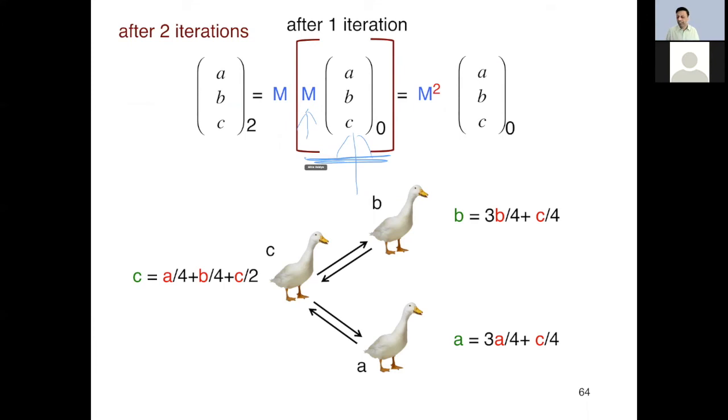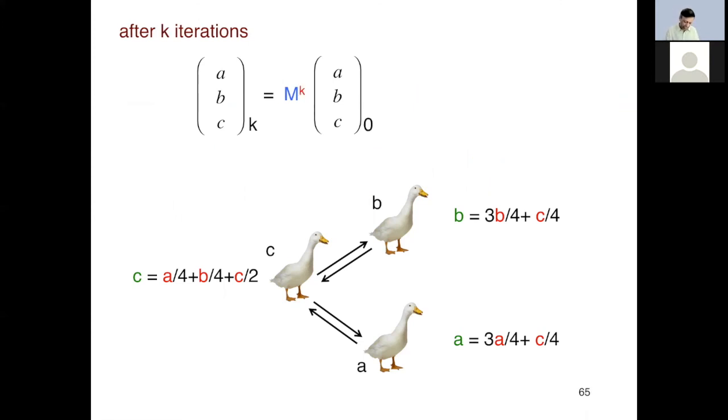To get the state after two iterations, you multiply it by yet another M, which is to say the state of the network after two iterations is just M squared multiplied by the initial state vector. And inductively, you can see where this is going. After k iterations, the state of the system is simply equal to M to the kth power multiplied by the initial state vector.